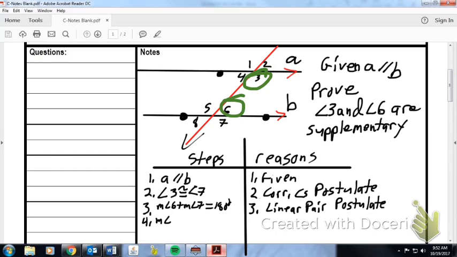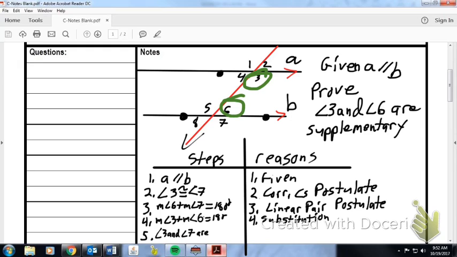So if 6 plus 7 equals 180, we can also say that 3 plus 7 equals 180. Now all I did there was switch out the measure of angle 6 for the measure of angle 3, and that's substitution. And then finally, we know that 6 plus 7 equals 180, 3 plus 7 equals 180, or 3 plus 6 equals 180, sorry.